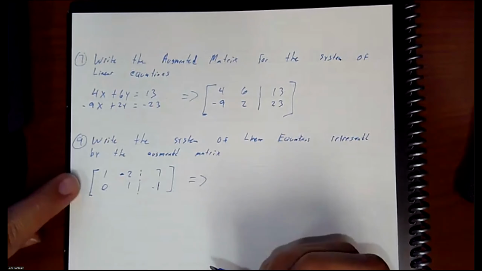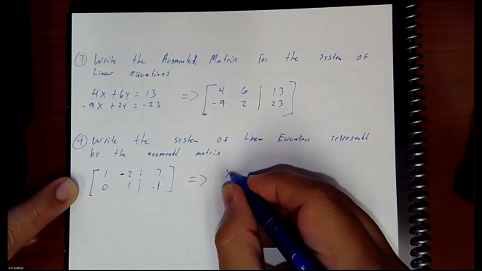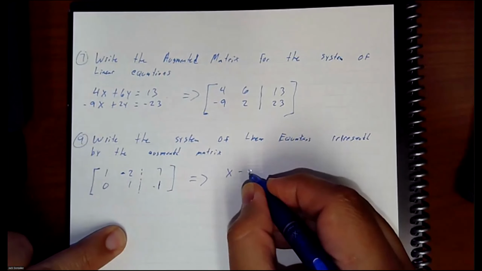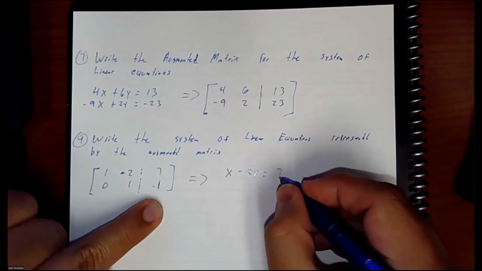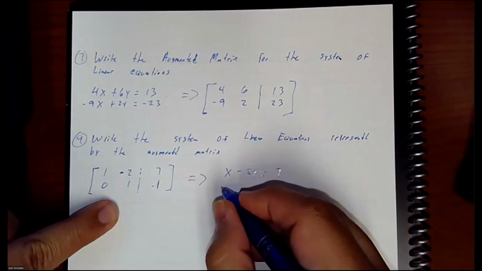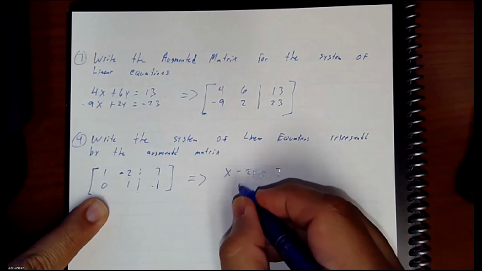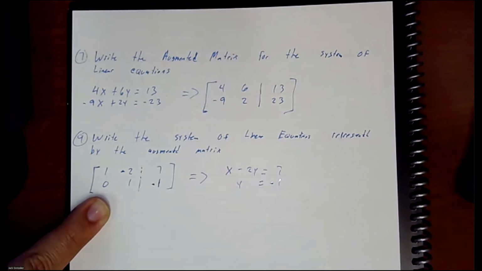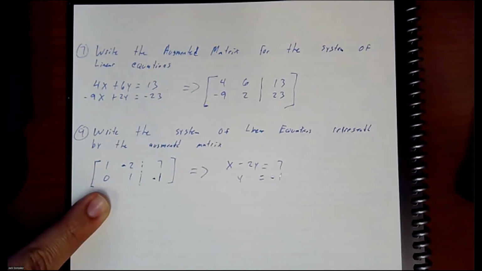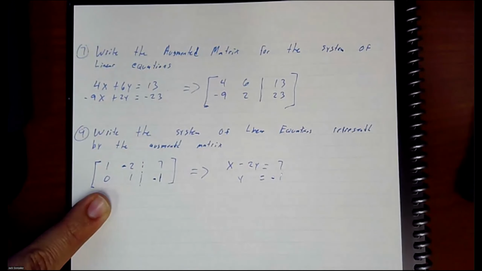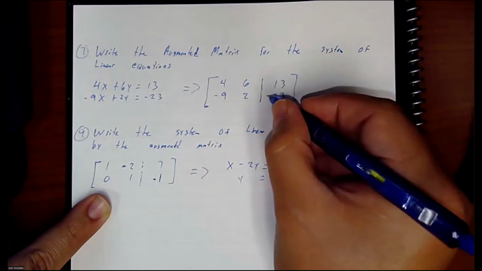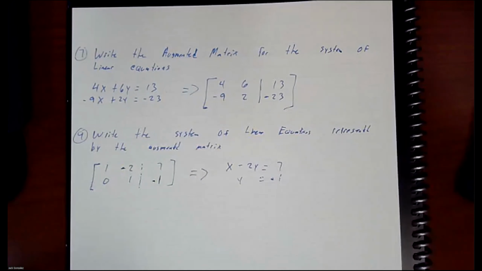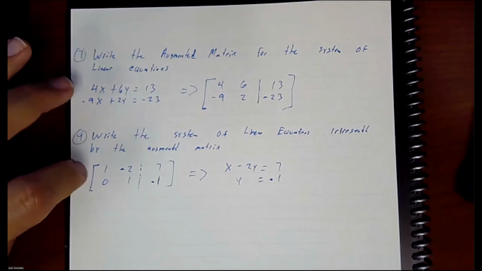As long as you remember that this is the x column, so it's x minus the y column equals the right-hand side, 7. There's no y, so just put y equals -1. Any questions on changing them back and forth?